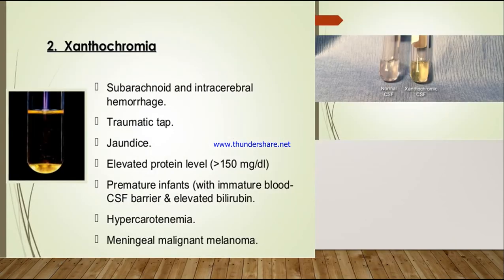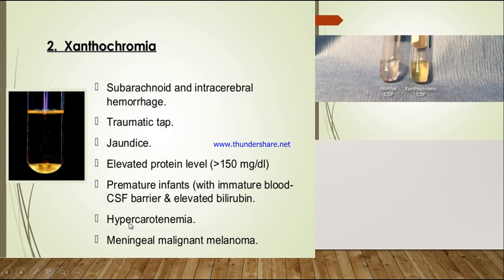Next, xanthochromia. Xanthochromia means that the color of CSF is yellow, pale yellow. If the CSF color comes out like this, we should suspect subarachnoid or intracerebral hemorrhage, traumatic tap, jaundice, elevated protein level more than 150 mg/dl, premature infants with immature blood-CSF barrier, and high bilirubin.